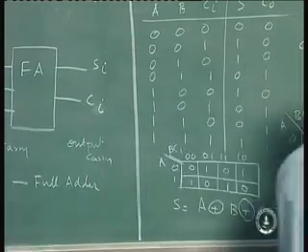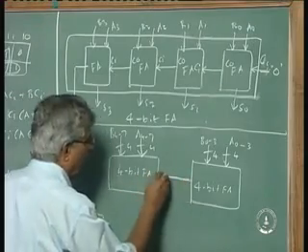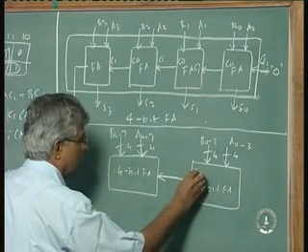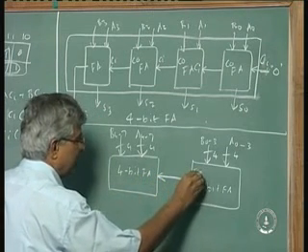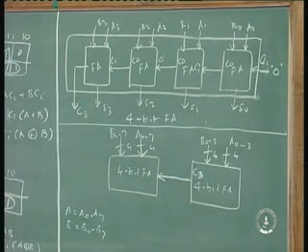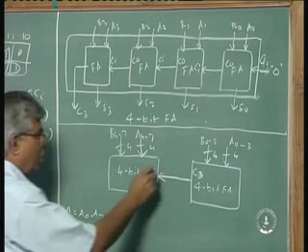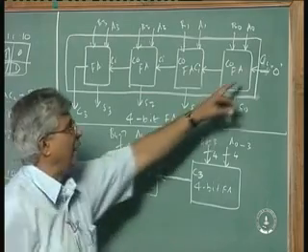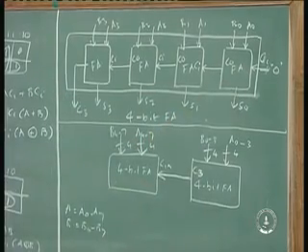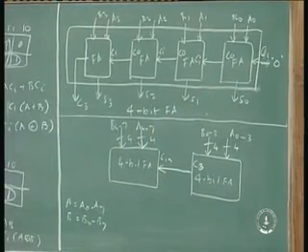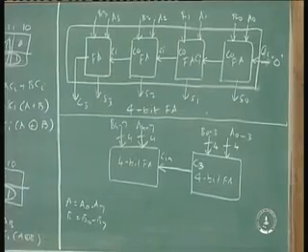So I will feed the output C0, which is actually C3, C3 of the previous block as the input here. So don't assume that every time the first bit will have a 0 input. Don't assume that the first bit of the 4-bit adder will always have a carry input of 0.